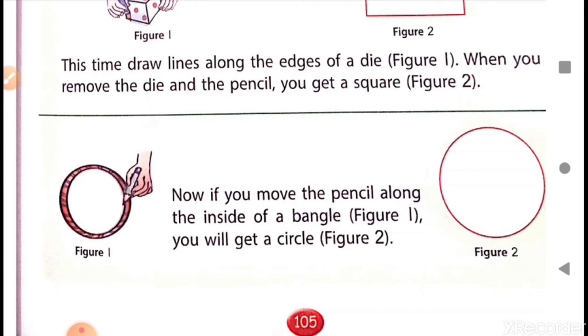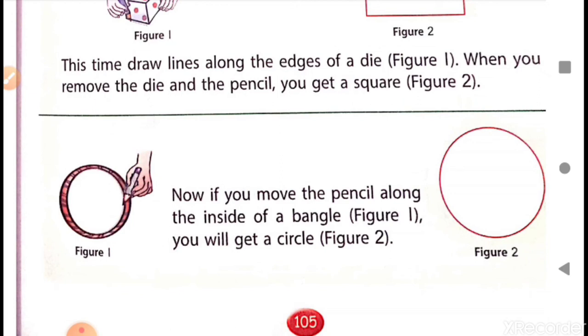In this manner, you can make other shapes also. You can make the shape of a star also. You can cut a star on a paper, then put it, and if you move the pencil all along the edges and remove it, you will get the shape of a star. So in this manner, you can get other shapes also.